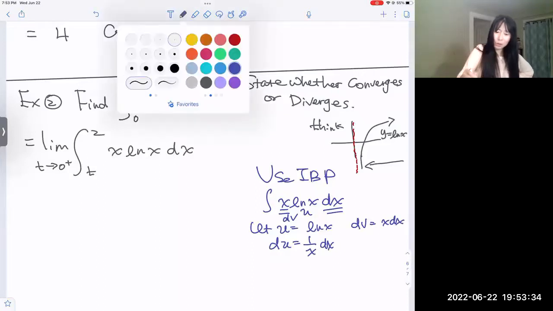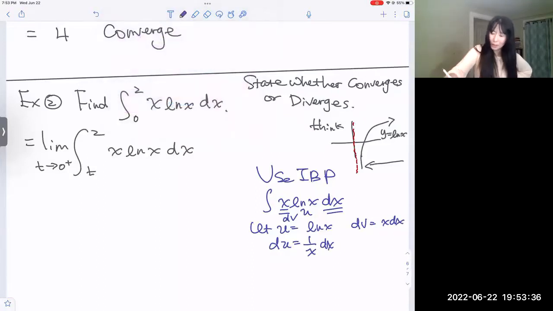Now we want to integrate to get v. What do you get? The integral of x is 1/2 x squared, x squared over 2 plus c.